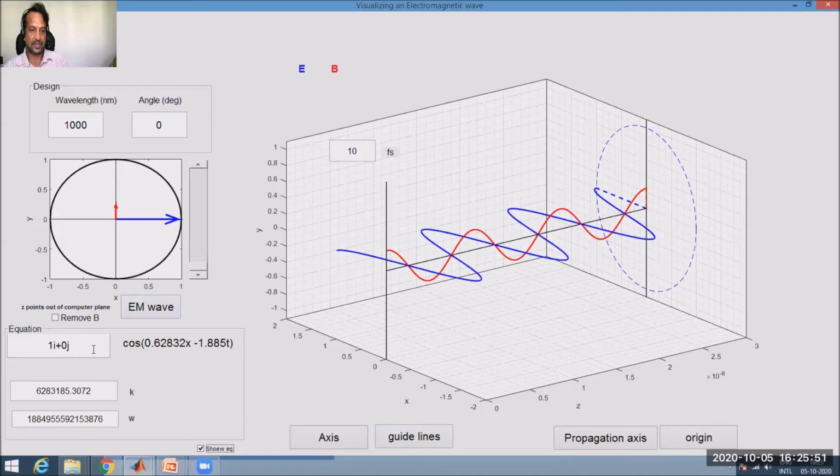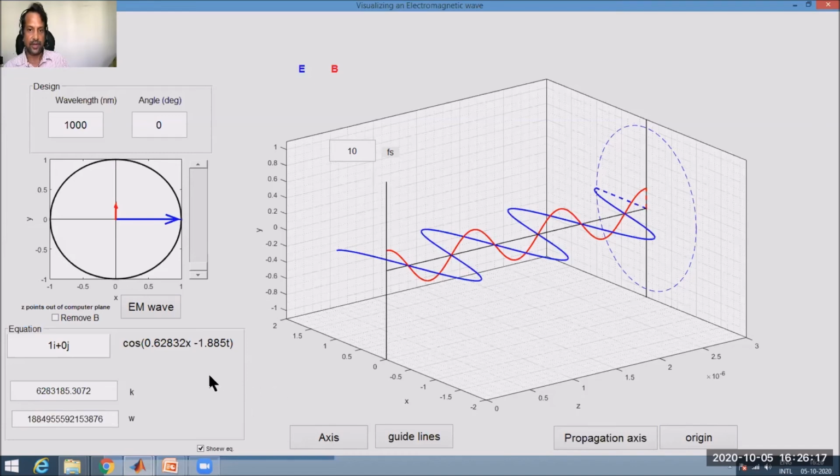So the equation will consist of the amplitude and the cosine part. First, let us look at the cosine part. Cos of 0.628 into 10 power 7 x minus 1.885 into 10 power 15 t. For clarity, I have removed the 10 powers. Actually, the numbers are here. So this is the value of k, and this is the value of omega.